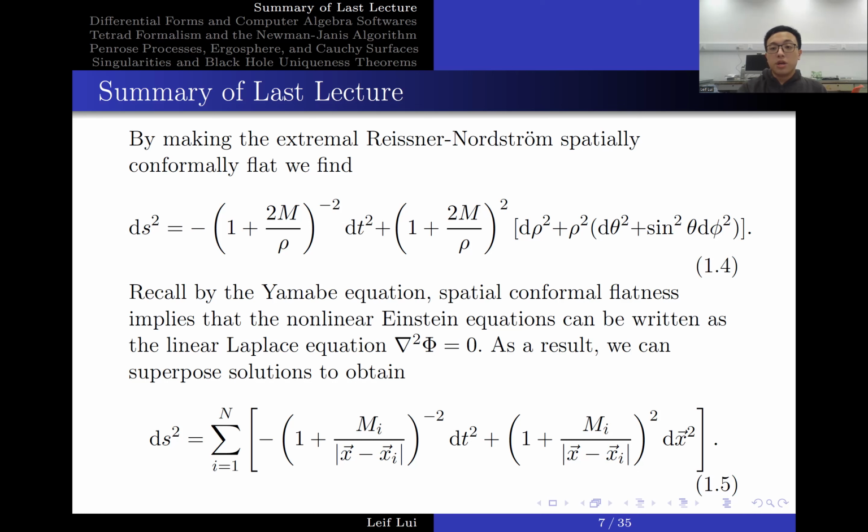This is akin to the concept in electromagnetism, where if the electric potential satisfies the Laplace equation, we can superpose point charges. In this case, we can superpose masses, and we obtain something called the Majumdar-Papapetrou solution, where you can sum over different masses M_i to obtain multi-black hole solutions.